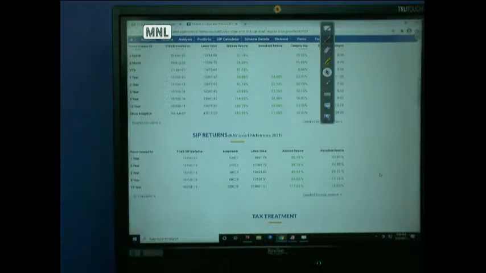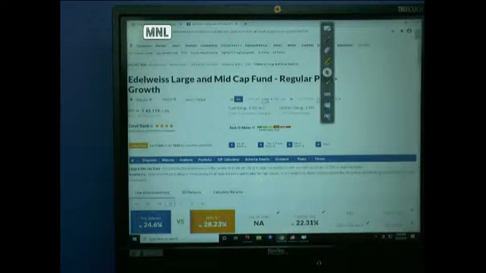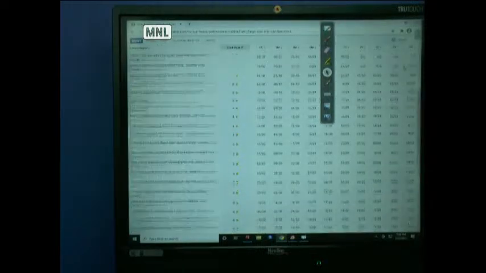So this is as far as the large and mid cap fund is concerned, and we will just look at the mid cap fund itself, how the mid cap fund has performed.